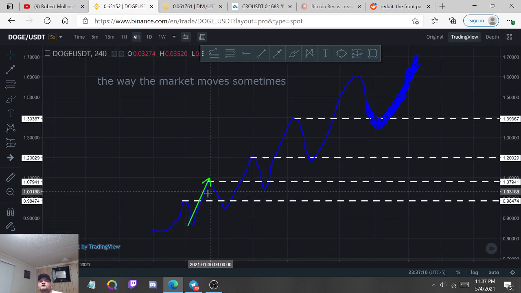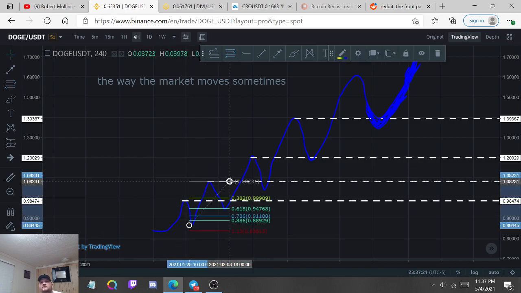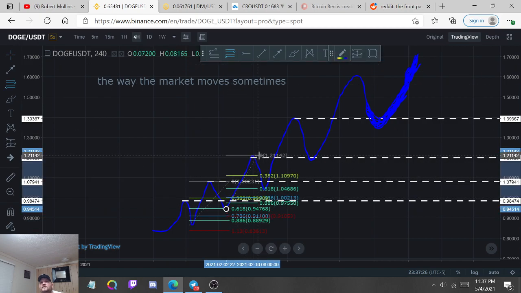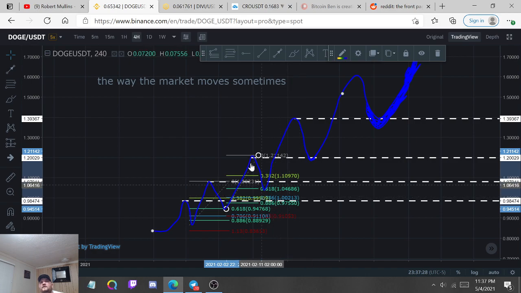When I get an impulse leg, I look for a pullback to the 61.8 Fibonacci level. So this would be an impulse. This would be an impulse. You can see how we come back to the 61.8.